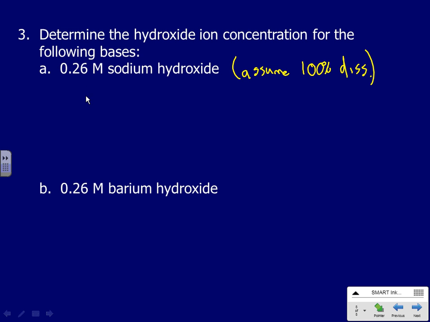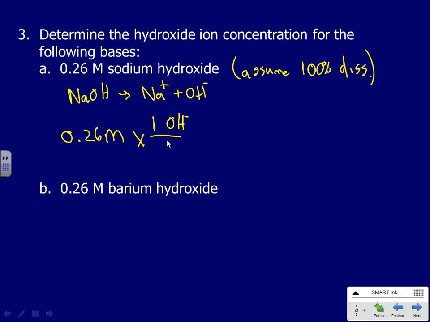So this is pretty straightforward. If I've got NaOH and it 100% breaks down to Na plus and OH minus, and I get one OH for each one, then I can write a quick little easy conversion factor, 0.26 molar, and I get one OH minus for each NaOH.